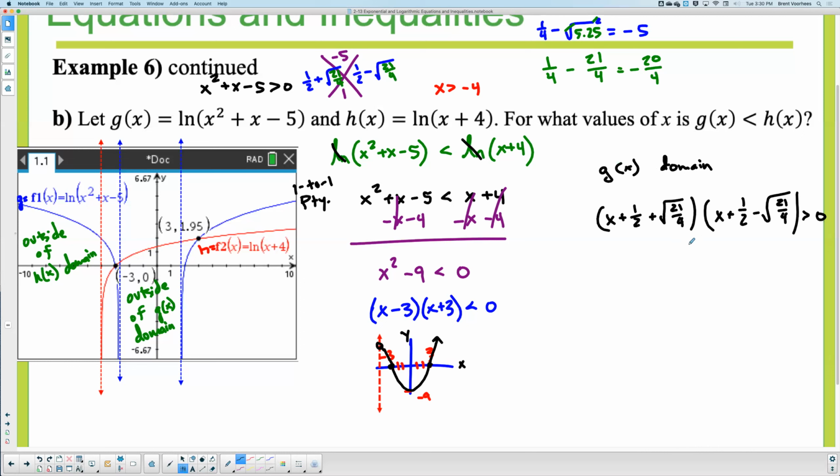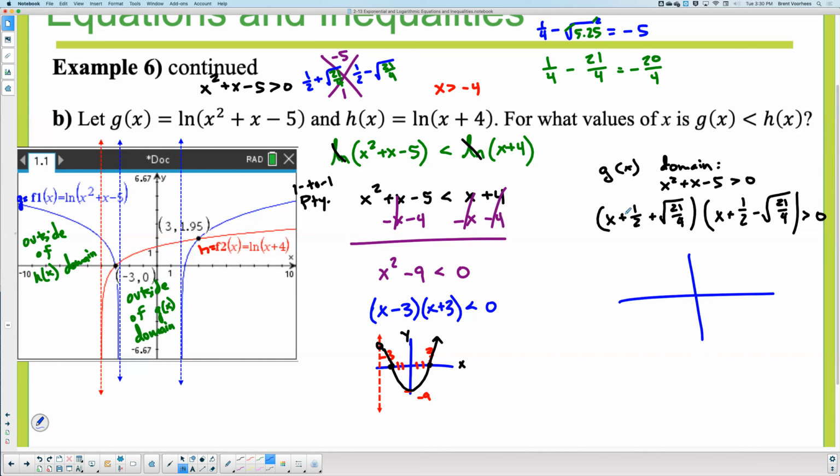And so again, graphing this, since that's a positive parabola, remember we're getting it from right here, this x squared plus x minus 5 is greater than 0. Because that's a positive parabola, you would be looking at only the window, positive parabola.